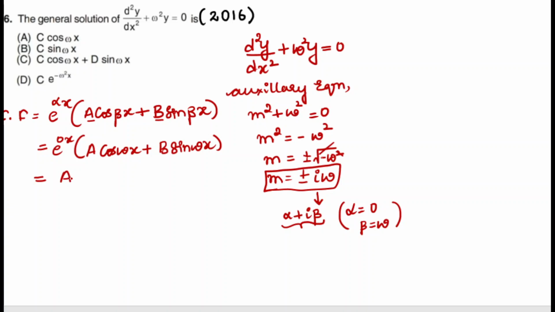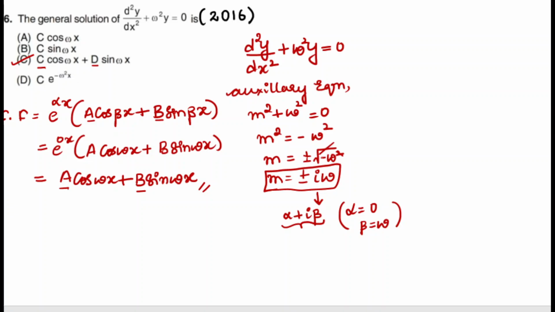The complementary function, or the general solution, will be a cos of omega x plus b sine of omega x. Instead of a and b, we have c and d in the options. Here a, b, c and d are one and the same, they are the constants. So I'm going with option C, and option C is the right answer.